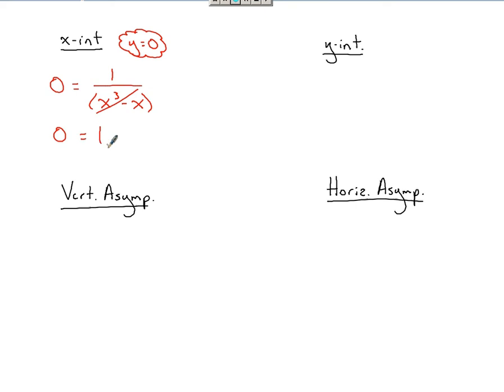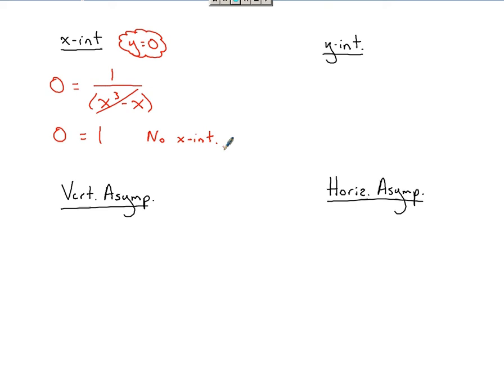So 0 equals 1, meaning all my x's are gone and there's nothing to solve for. So, since there's nothing to solve for, there's no x-intercepts. But if you have resulting x's to solve for, you solve for those. That gives you specific points on the x-axis that you can plot.